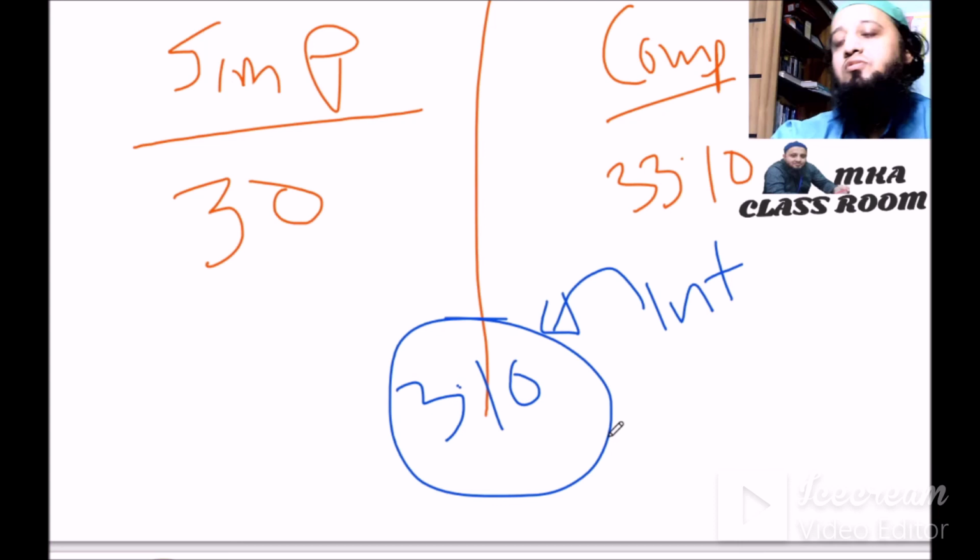For better understanding, we are comparing this problem with a single amount, that is 100 taka and a 10% interest rate. But whenever you calculate a big amount, like 1 lakh, 10 lakh, 1 crore, 2 crore, or 1 million, 2 million, then this difference will be very vast for 1 year, 2 years, or 3 years. So there is a topic, the time value of money, that is the power of the time value of money.